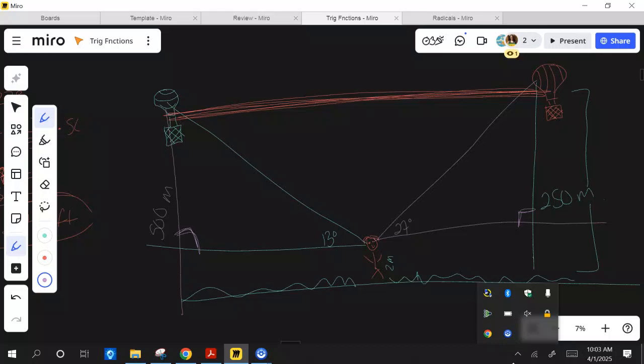We can just find this length and this length, and add them together.